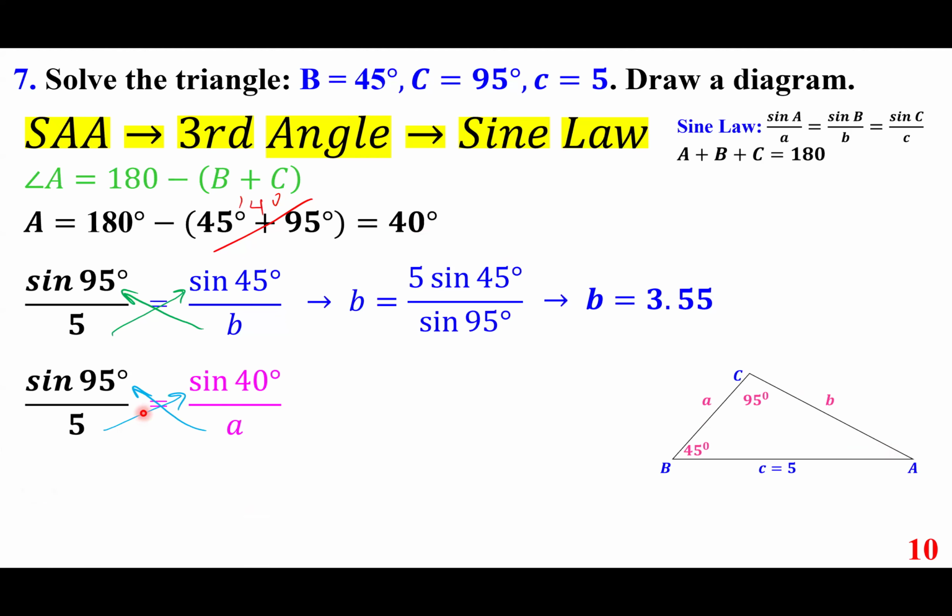So to find a, we multiply these two, we divide by sine of 95. And putting it into a calculator results in the value of a being 3.23.